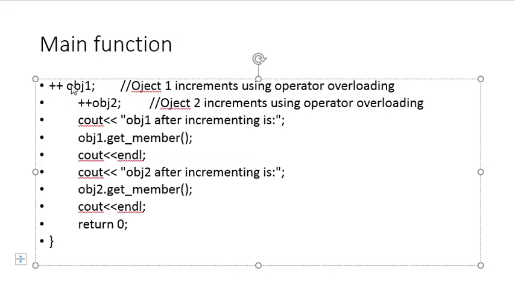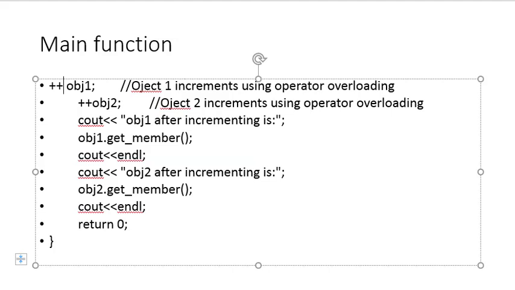You just have to write the operator for which you have made the operator overloading function, followed by object 1 and then object 2, and then we will call the member function after that with object 1 and object 2.